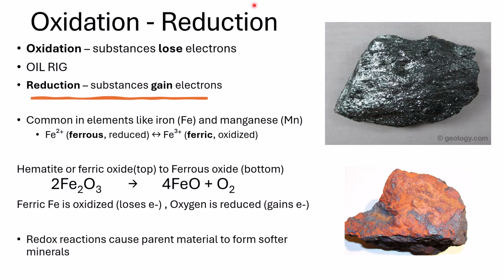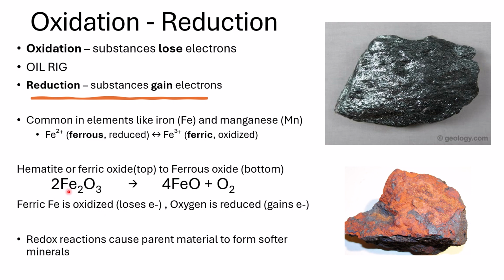Okay, and so you look down here at the bottom. This is the chemical equation for hematite. This is spectacular hematite. You'll see this in the lab. We found this in Arizona. And this is the chemical formula for it.